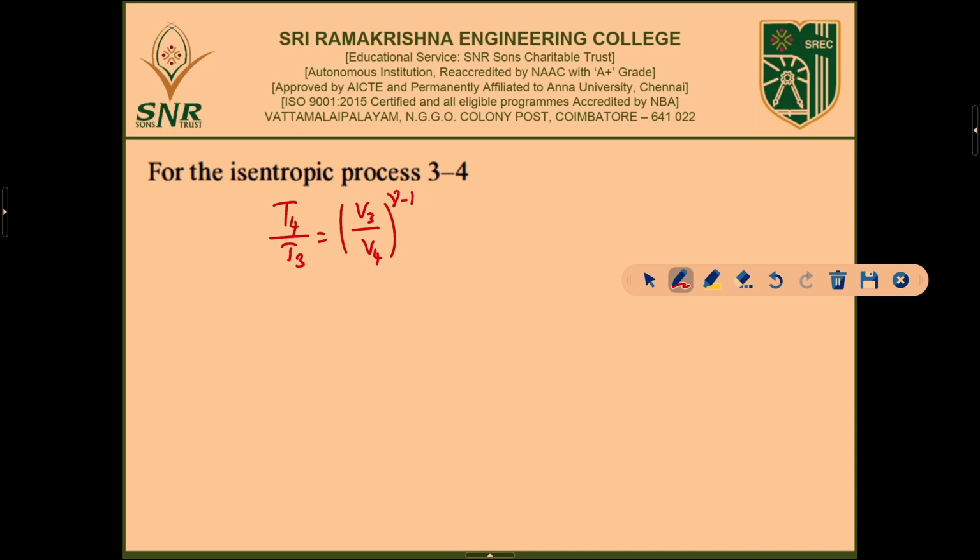Already we know that V1 is equal to V4. So we can write it as V3 by V1 whole to the power of gamma minus 1. We don't have a ratio like V3 by V1 directly, so we can rewrite this as V3 by V1 into V2 by V2.